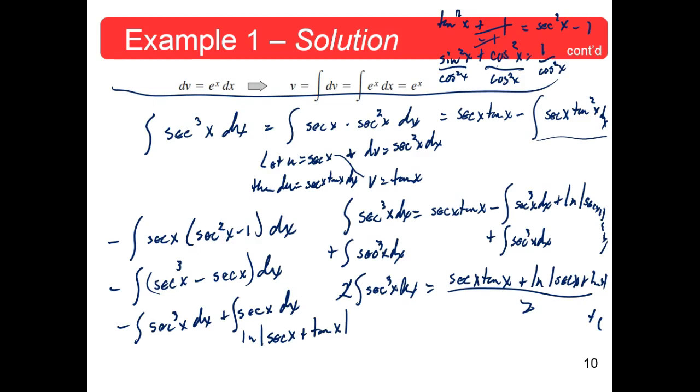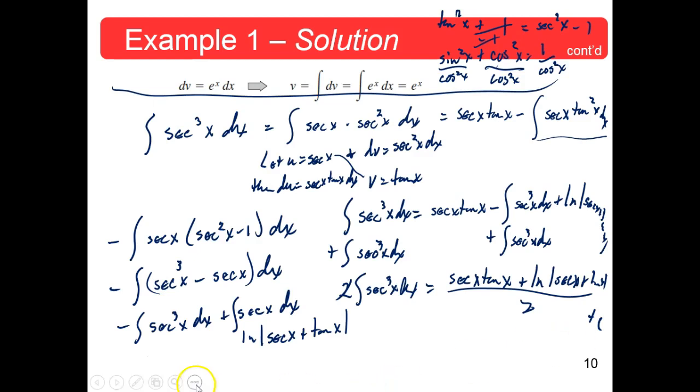Now, you'll see other examples like that where you try to solve something, and if you keep going down, you wind up with the same thing you had. As long as it has a different sign to it, go back and add it to the other side, and that helps you evaluate the integral. All right, that was example 5.